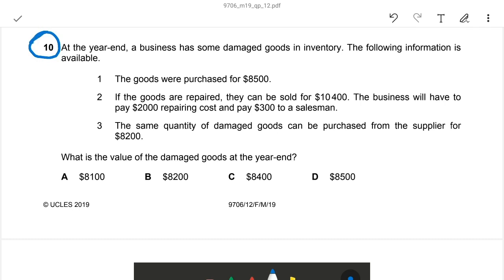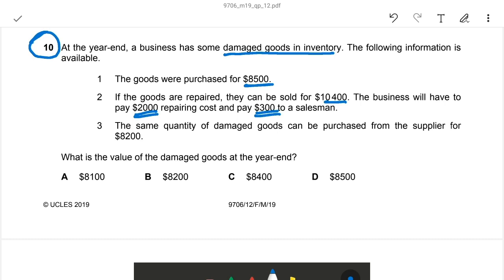Next, question 10. At the year end, a business has some damaged goods in inventory. The following information is available. These goods were purchased for 8,500. If the goods are repaired, they can be sold at a selling price of 10,400. At the same time, they have cost of sales 2,000 repairing cost and 300 to the salesman.